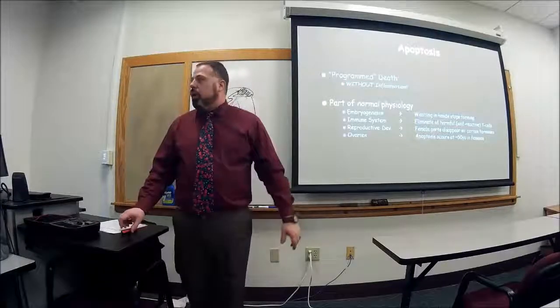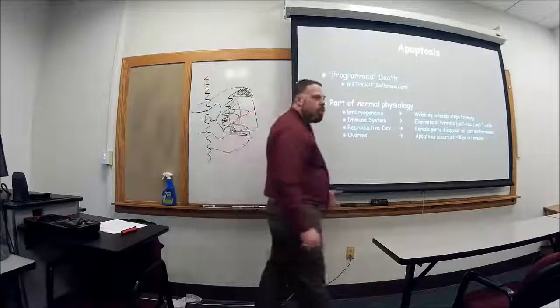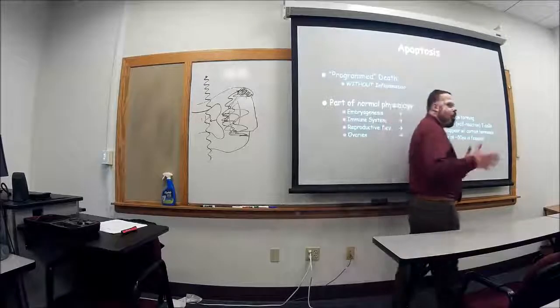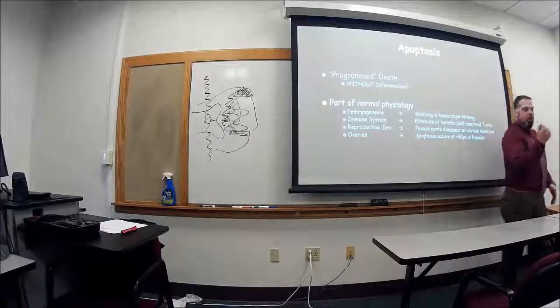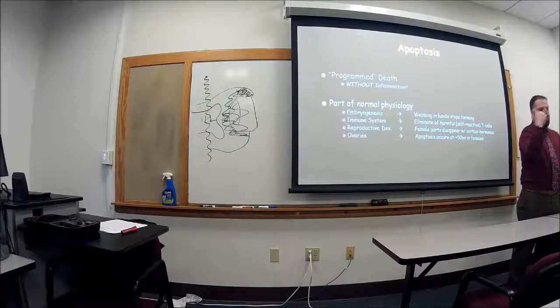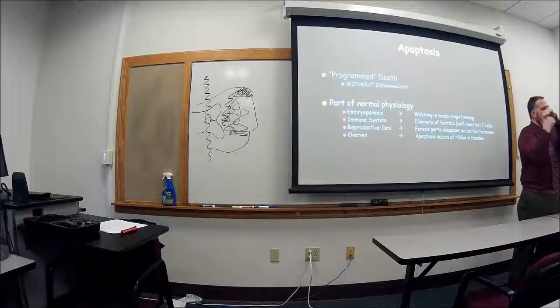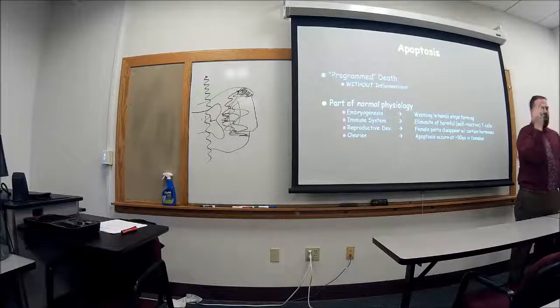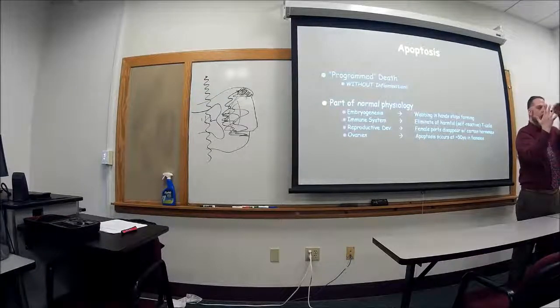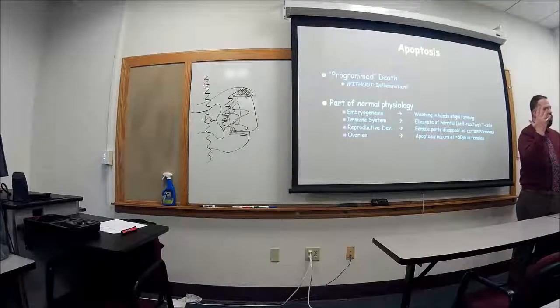For example, in embryogenesis, going from the embryo to the fetus. First off, let's say your hands over here, it starts as one limb bud, and then all of a sudden you're going to see fingers starting to develop. But as it opens up the hands, there's still tissue in between, a webbing, so to say, in between the fingers.